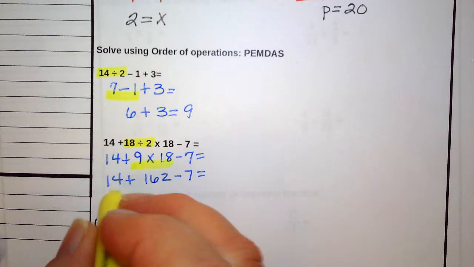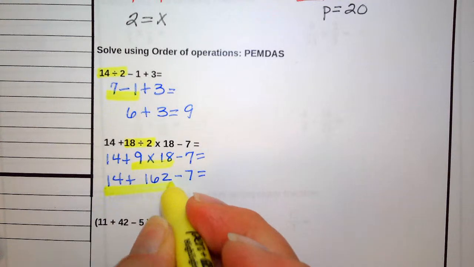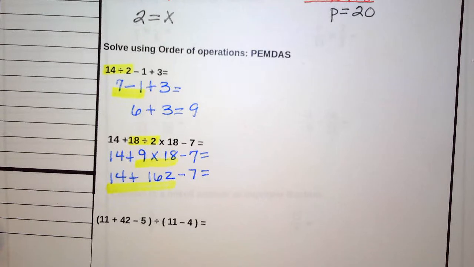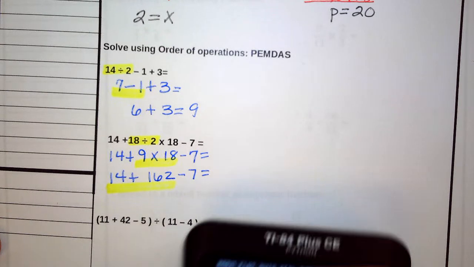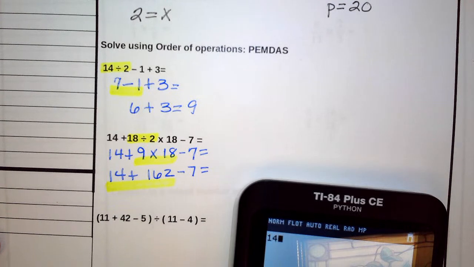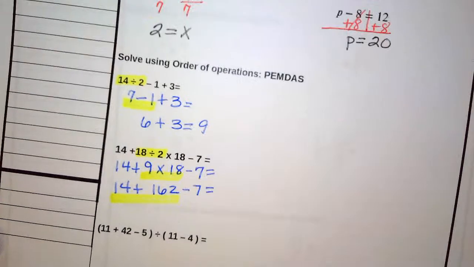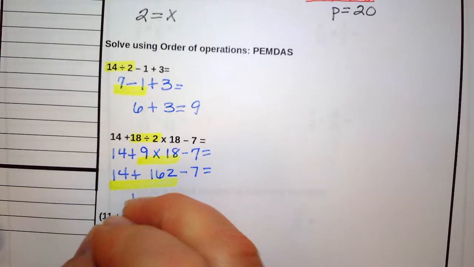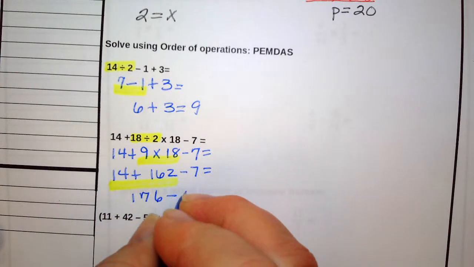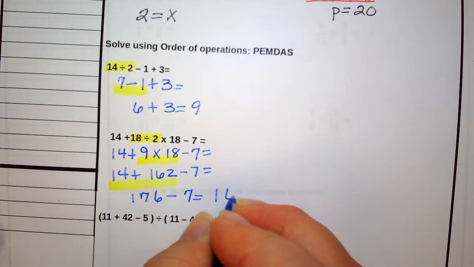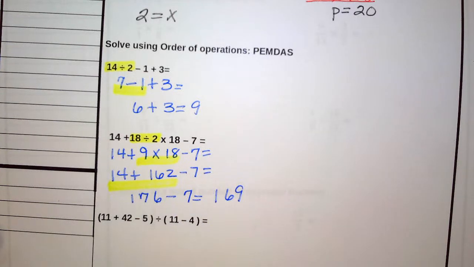I see addition first, so I add those two numbers together. 14 plus 162 is equal to 176. Minus 7 will give me 169. Any questions?